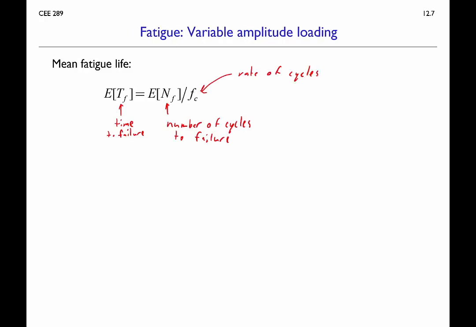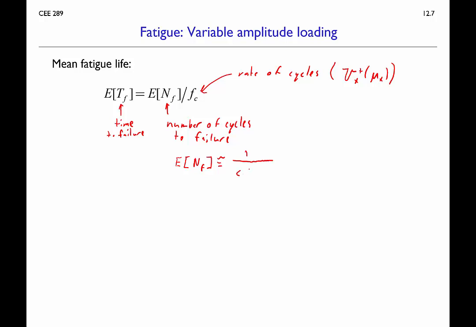And where we're going with this is when we think about our stochastic processes, we could measure a cycle as the rate of that process upcrossing the mean. So every time it upcrosses its mean value, we'll call that a cycle that's passed. And this expected number of cycles to failure, we could think about as approximately equal to 1 divided by the fraction of damage we accumulate in each particular cycle.